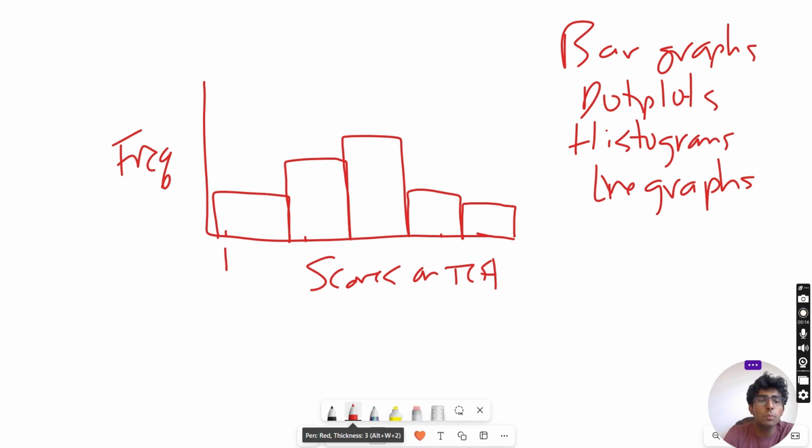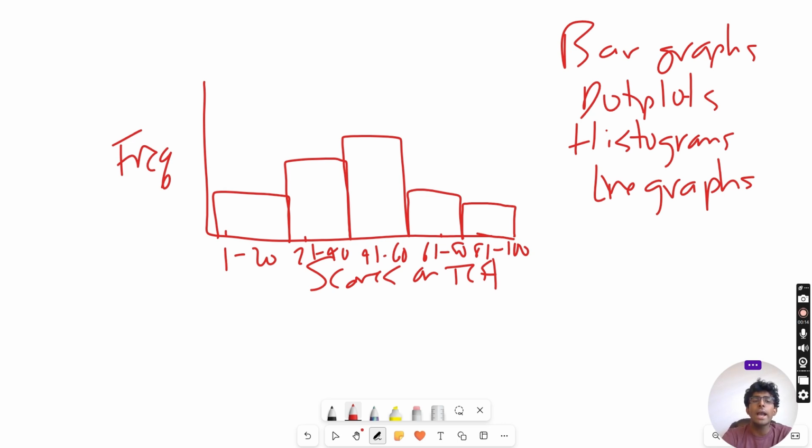Let's say this is 1 through 20, 21 through 40, 41 through 60, 61 through 80, 81 through 100. So this is an example of a histogram. For each bar, you're having a range of values. So if you have, let's say, 5 students who got scores from 1 to 20, the students could have gotten anywhere between a 1 and a 20.